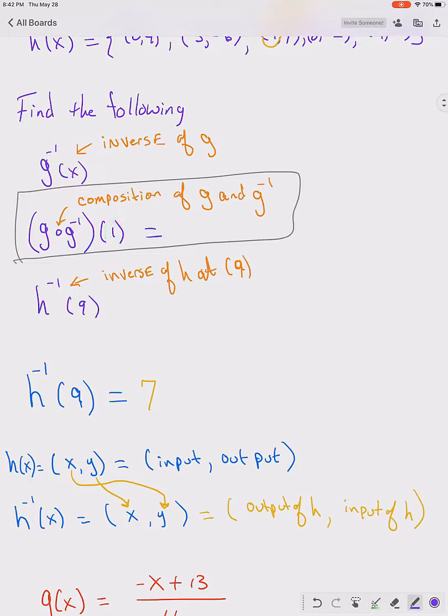So this would equal 1. I don't really have to do any more than that. Just understand that the inverse composed with the original function, or the original function composed with the inverse, returns whatever you put in. Okay, I hope that helps. Let me know if you have any questions.